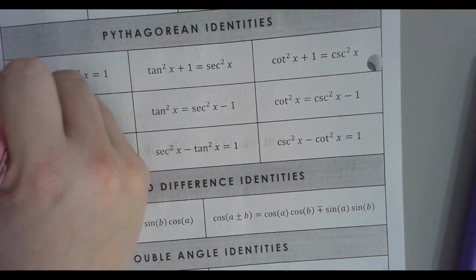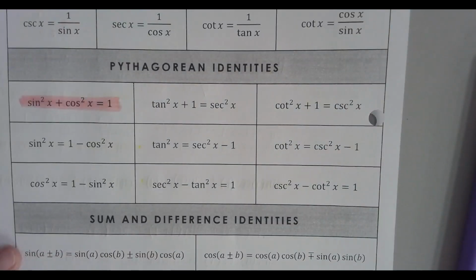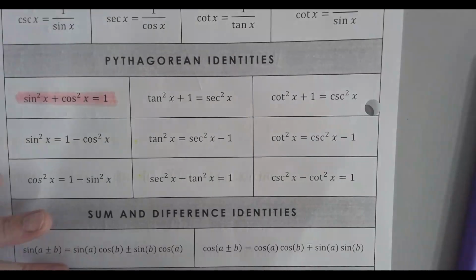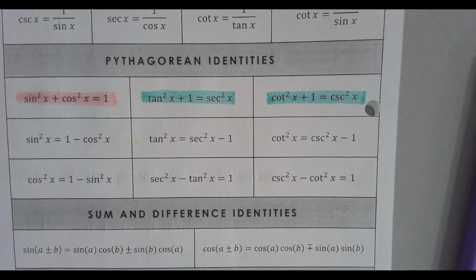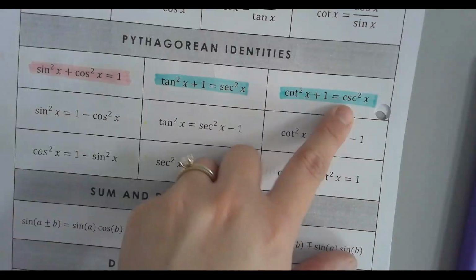If you're going to truly memorize anything, for sure, you need to have this memorized right here, of the ones we just did today. That one I would recommend. You can kind of remember the co's go together. Cotangent squared plus 1 is cosecant squared.